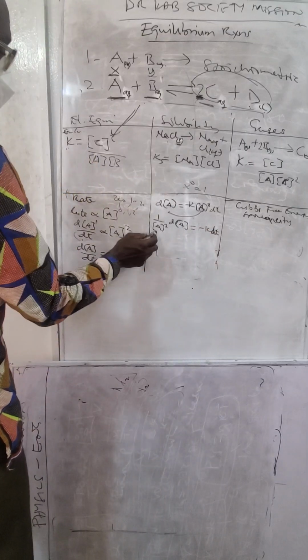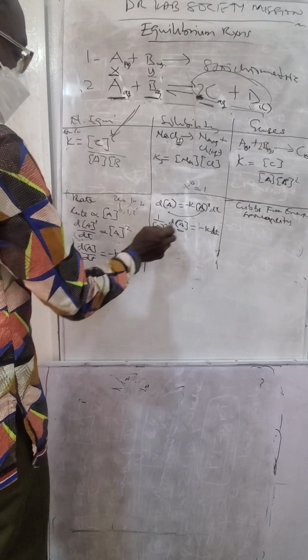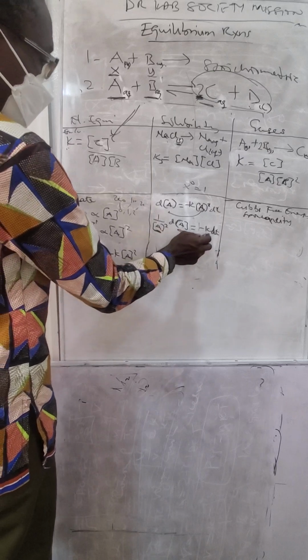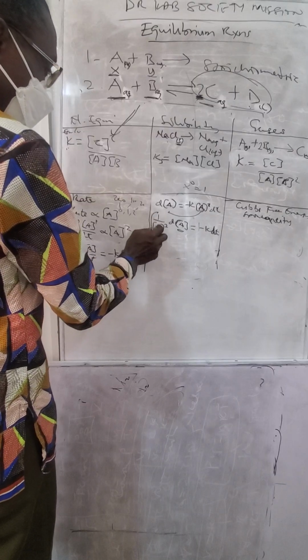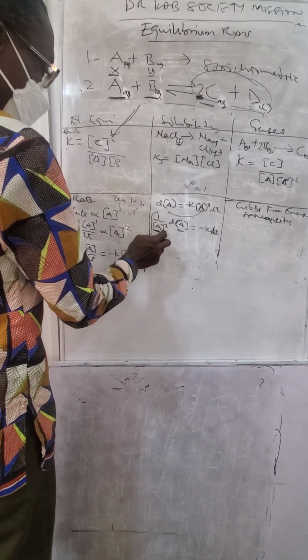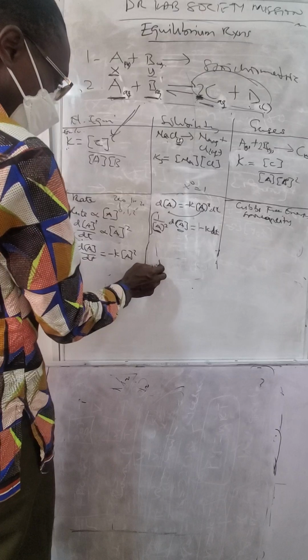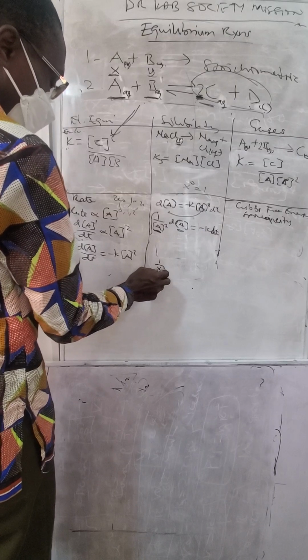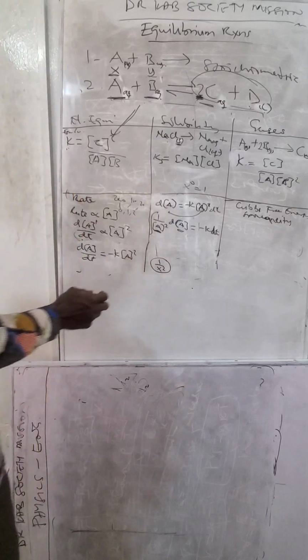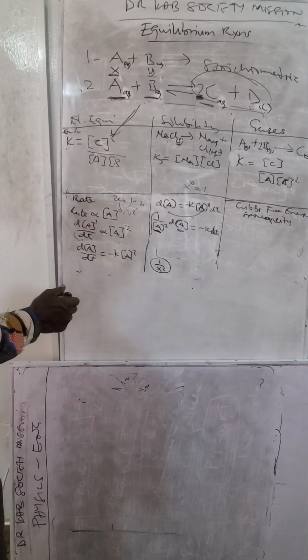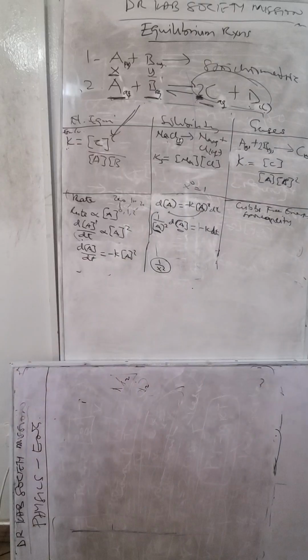Now because we have this and that, you can integrate with respect to A, and on this side with respect to t. If you integrate this side, what I'm going to get is 1 over A squared. When you have 1 over A squared, you just use the same principle like we said. You try to see if you remember the first one.